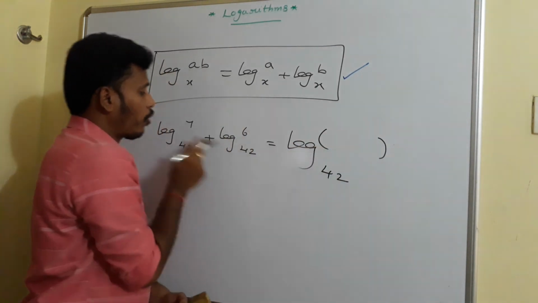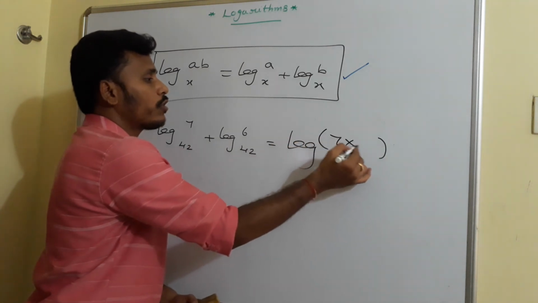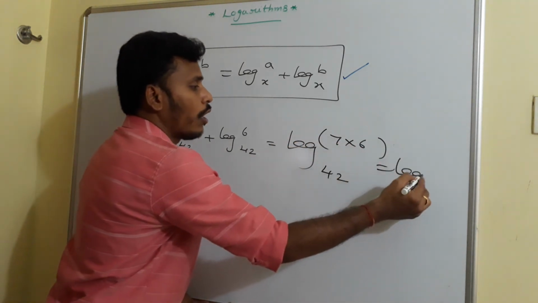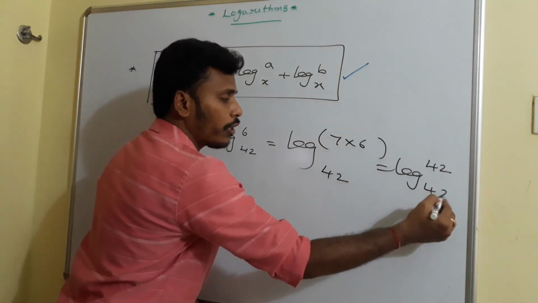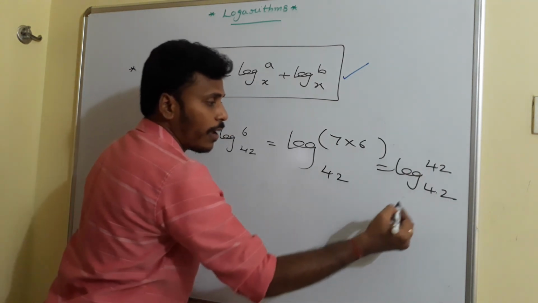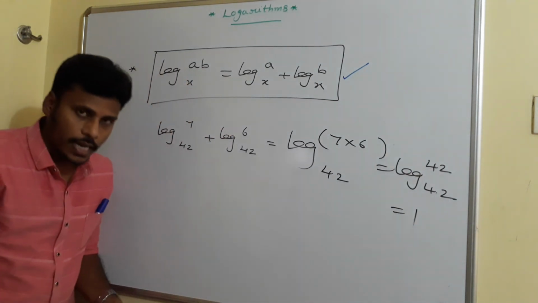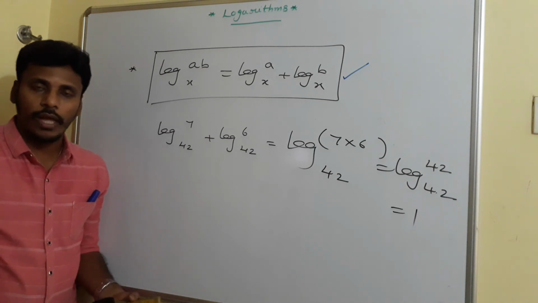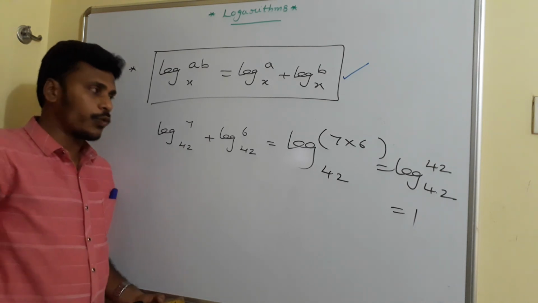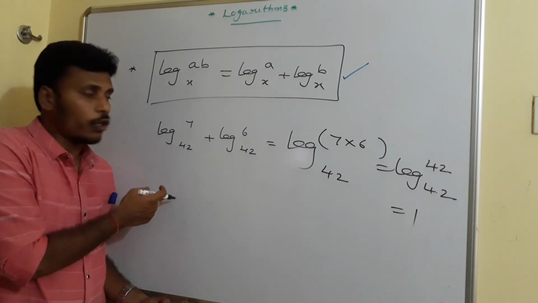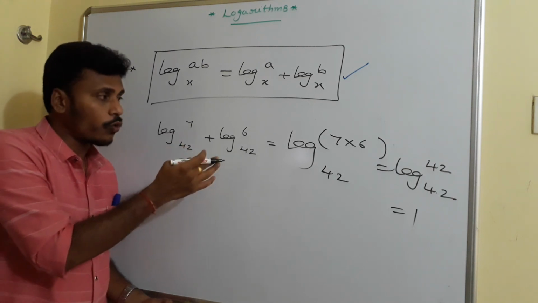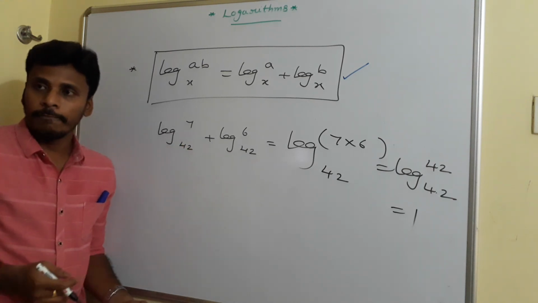Whose product? The product of these numbers, 7 into 6, and that is equal to logarithm of 42 base 42. Since these two numbers are the same, its value is directly 1. Any number to the base of the same number is 1. So log 7 base 42 plus log 6 base 42 is equal to 1.